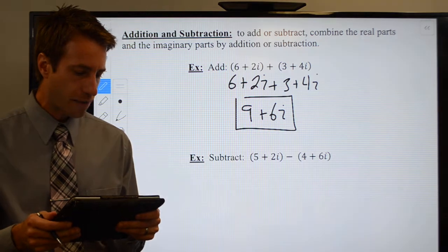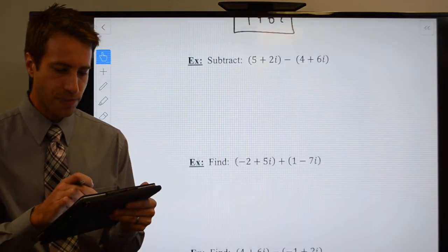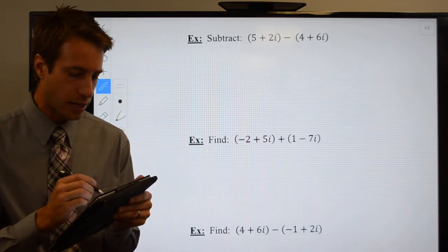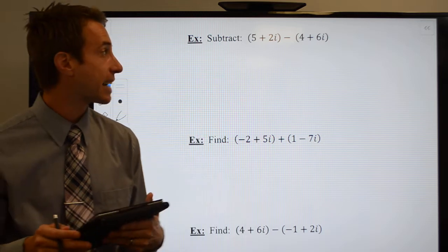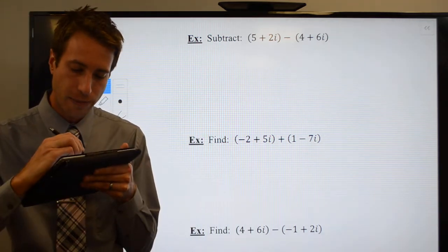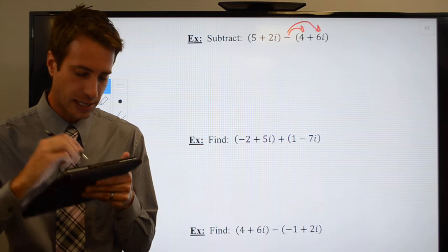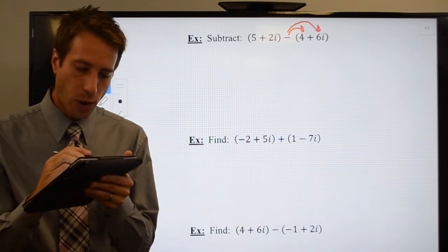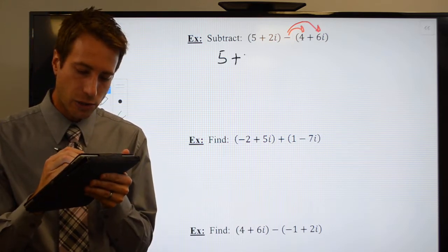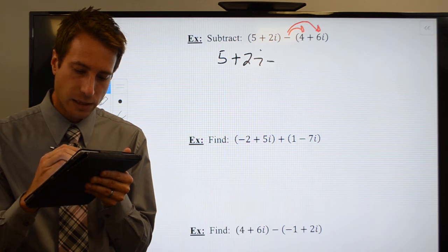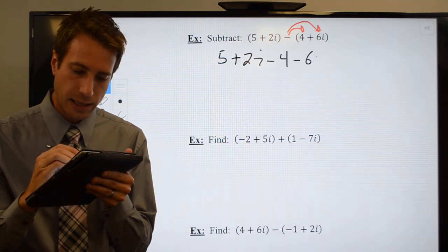What you want to watch out for, though, when it comes to subtraction, just like with real numbers, is that you've got to be careful of that minus sign. You will need to distribute it through the parentheses. Don't forget to do that. And so I wind up with 5 plus 2i minus 4 minus 6i.